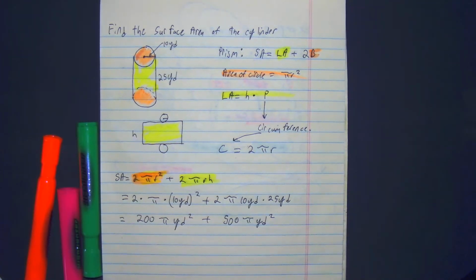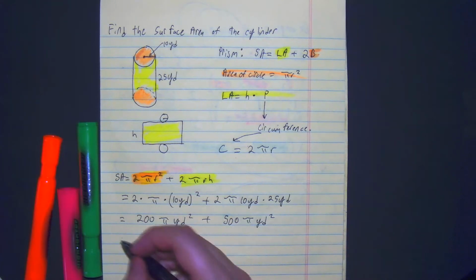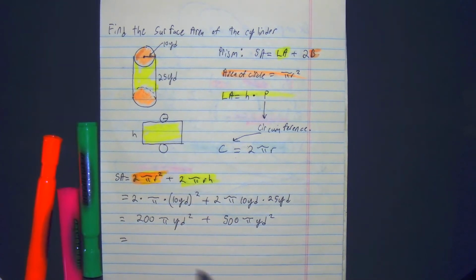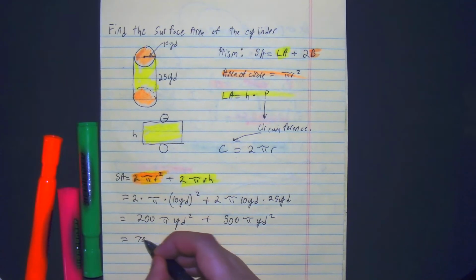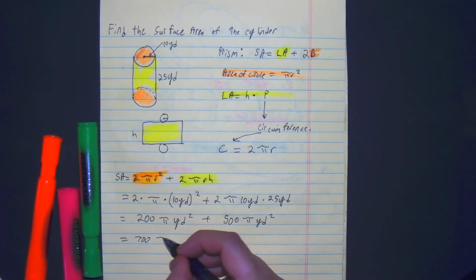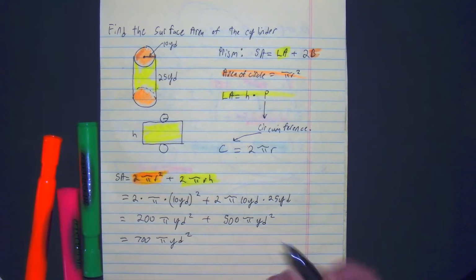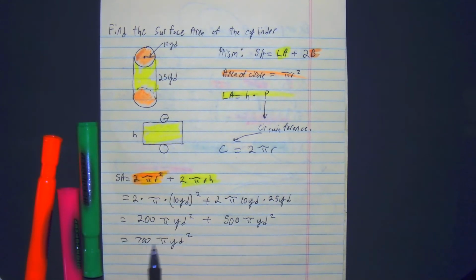And then from here, we're going to combine everything. We get the surface area is equal to 700 pi yards squared. We just kept the pi's consistent. And from here, you can just multiply and get your answer.